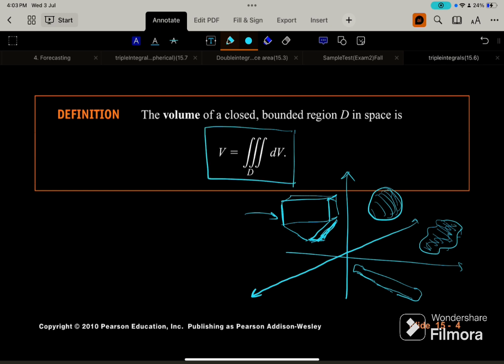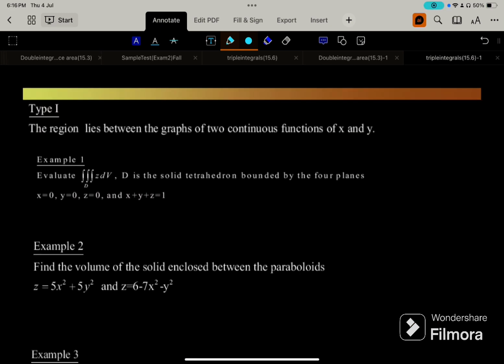Now, of course, given that we do know the boundaries of our region, and we do have a function representing that, these are our conditions. Okay, so we're going to solve the first example on type 1. We need to find the region that lies between the graphs of two continuous functions x and y. So this is our first example.